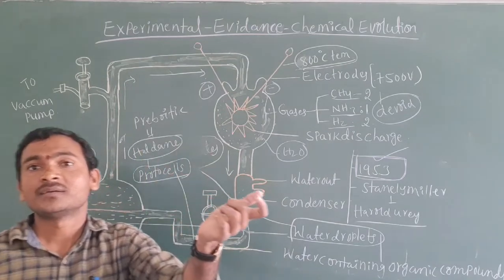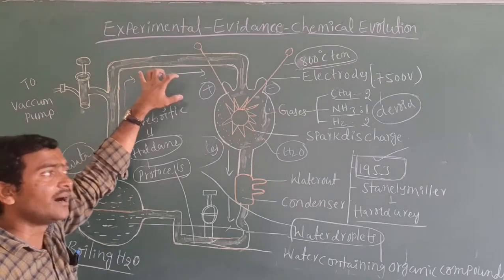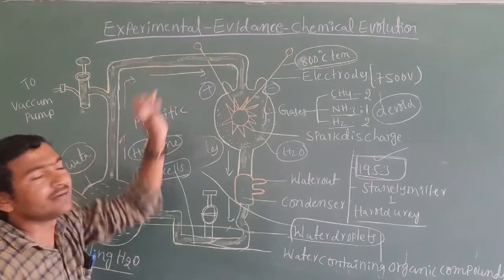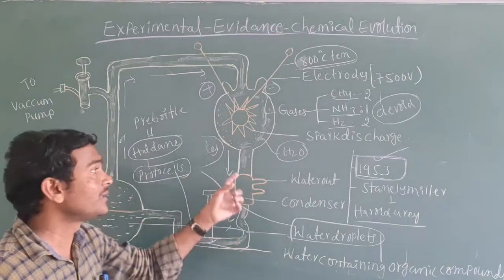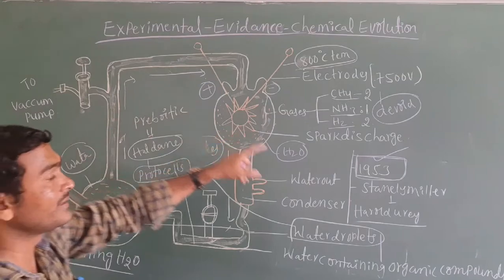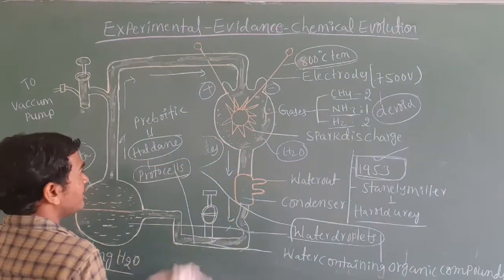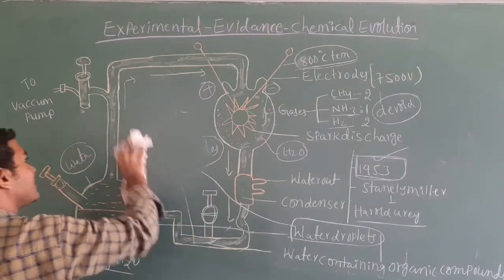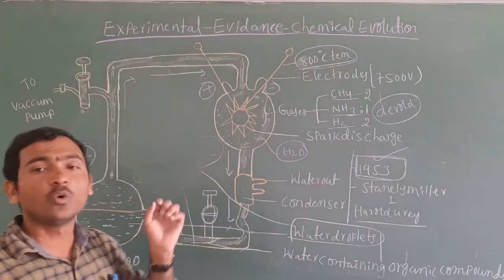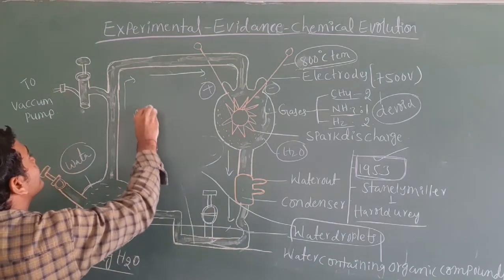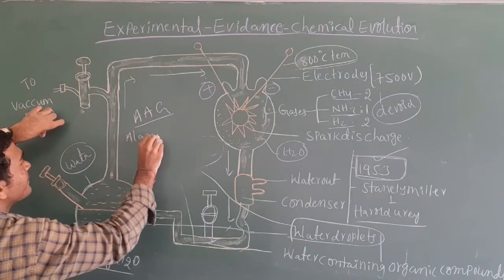Another topic is the experimental evidence of chemical evolution, called the Urey Miller simulation experiment, in 1953. Along with that, he observed the formation of some amino acids: A means alanine, very important.